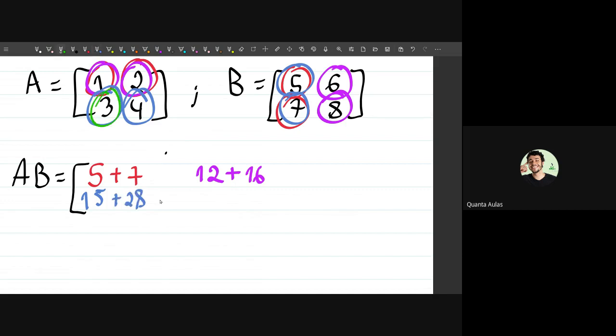Then finish: 3 times 6, 18. 4 times 8, 32. So do you understand? We have a symmetry of colors here. Do you look at possible errors? Okay, here is right again. Perfect.